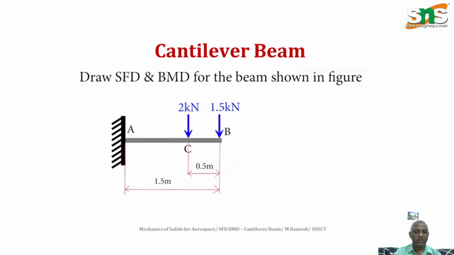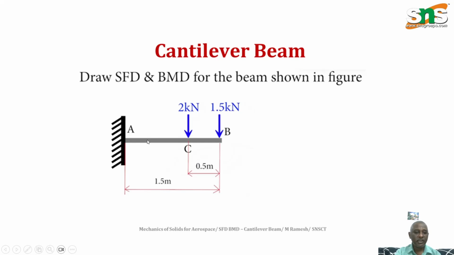Here we are given a cantilever beam in which one end is fixed and the other is a free end. On the beam we have 2 point loads of 2 kilonewton and 1.5 kilonewton, which are acting at points C and B respectively.